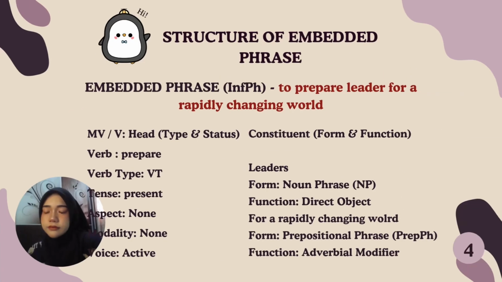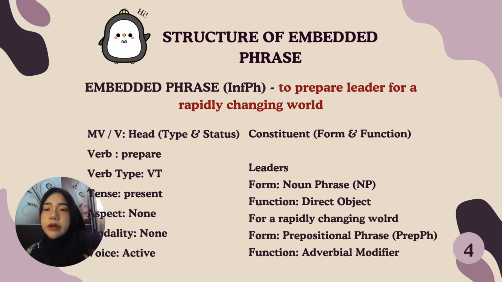So next, moving on to the structure of the embedded phrase, which is infinitive phrase. So the sentence here is to prepare leaders for a rapidly changing world. And I'm going to explain the main verb, the verb type and status.